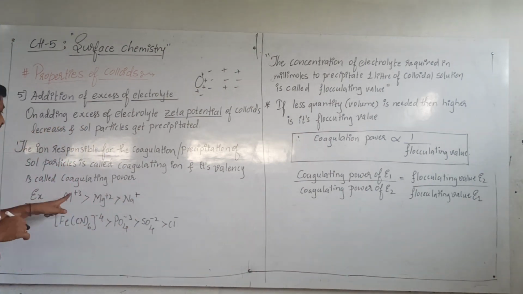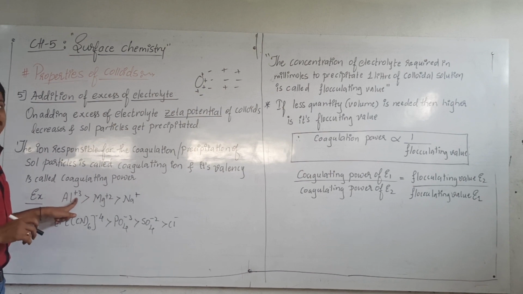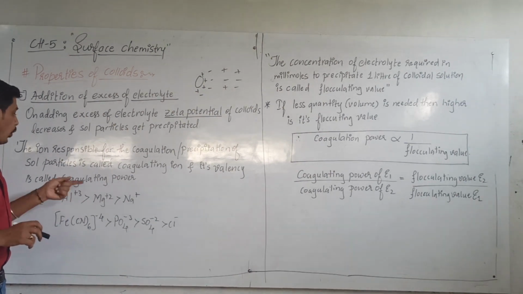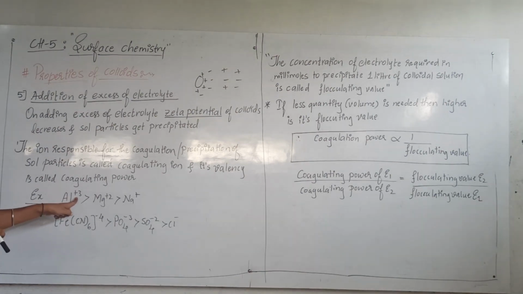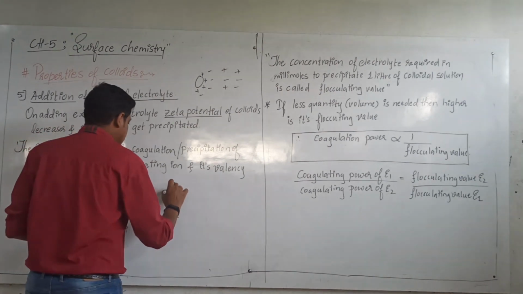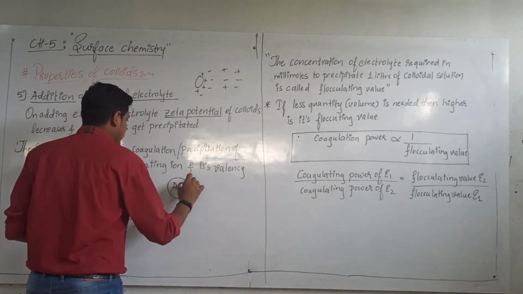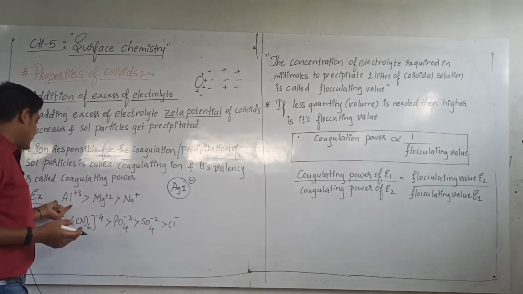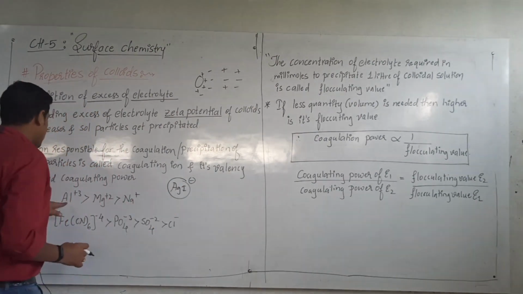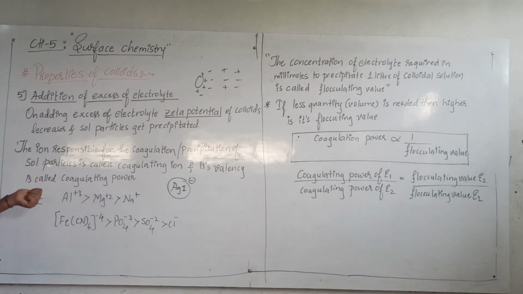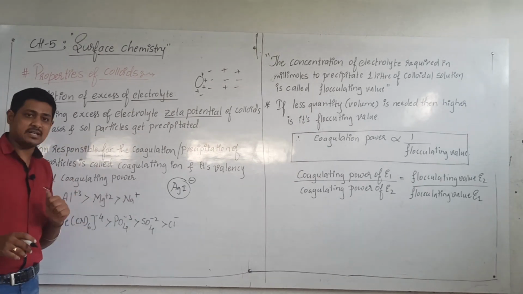So if higher is the charge of these electrolytes, then more will be the coagulating power. I hope you can understand. Now aluminum's valency or oxidation state is higher. Suppose I have AgI, and this is negatively charged, so single negative charge, but here +3 charge is there, so more is the valency, and this one aluminum can precipitate 3 of the sol particles.